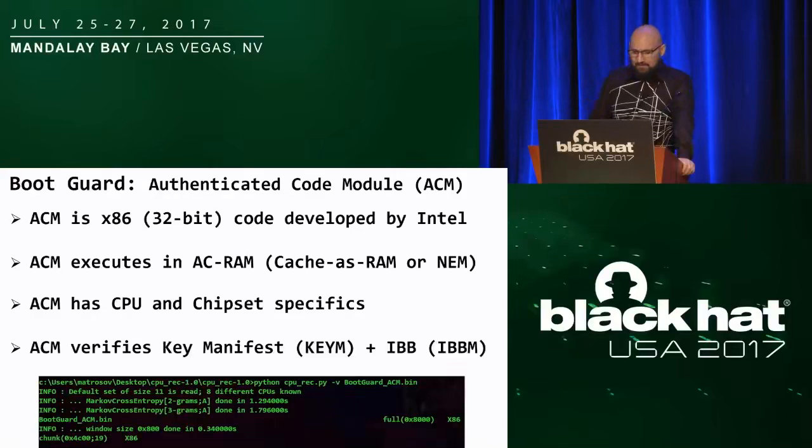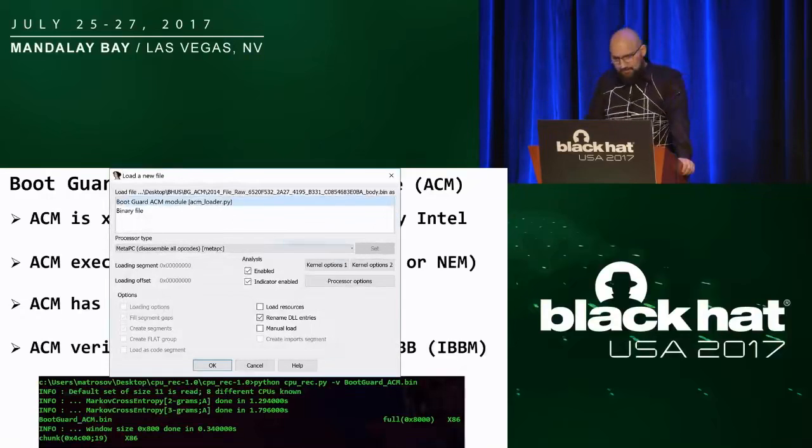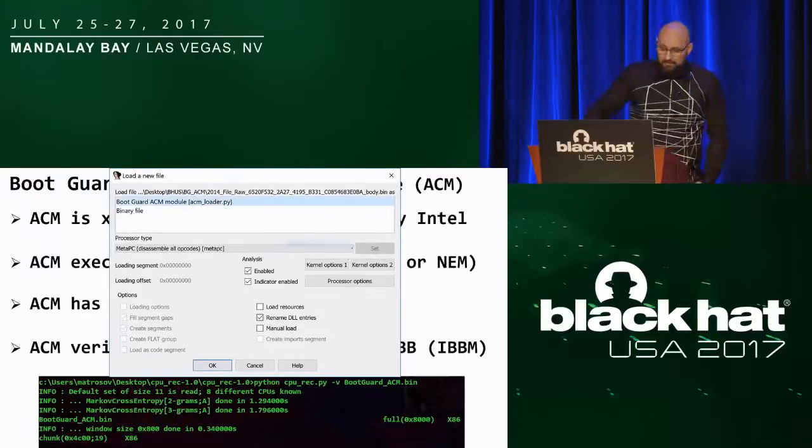And for ACM verification, the ACM verifies the key manifest plus the initial boot block at a very early phase, before the BIOS starts booting. I developed an interesting module for loading ACMs into IDA, and I will release this loader also after the talk.